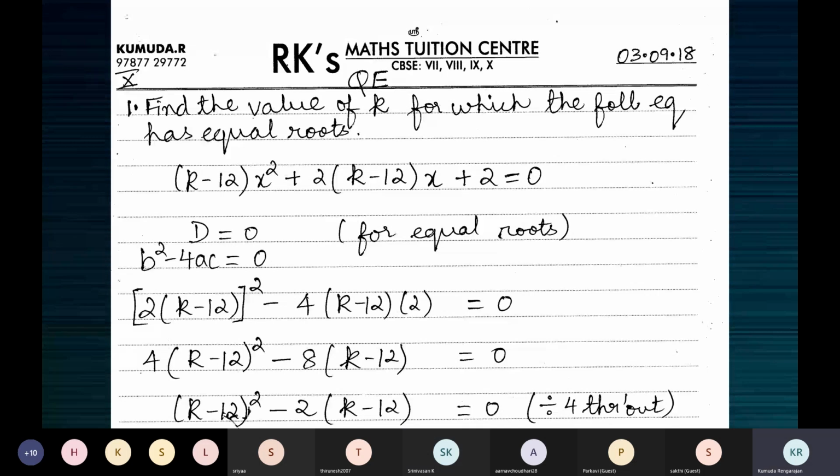No, it's not wrong, but that's why you got only one value for K. You should not divide by K minus 12 because K minus 12 has this unknown K whose value you are trying to find. So when you divide by K minus 12, you will not get K is equal to 12. You will only get one value, K is equal to 14.